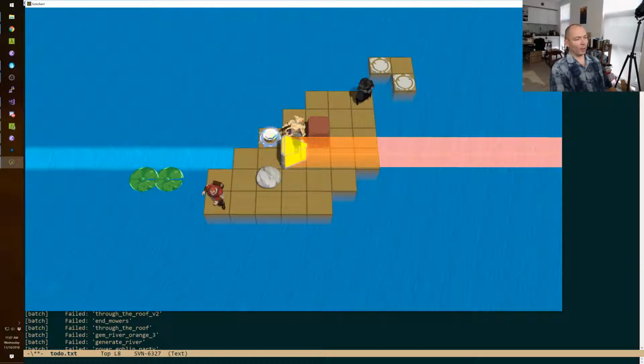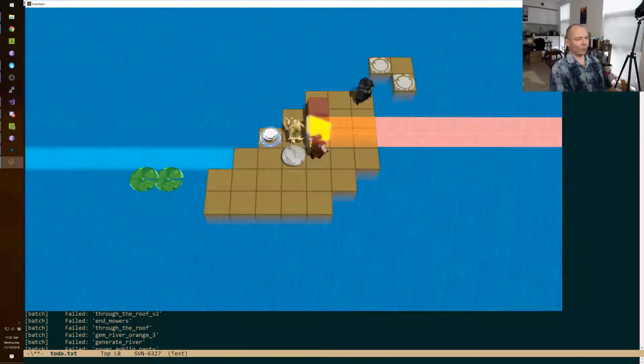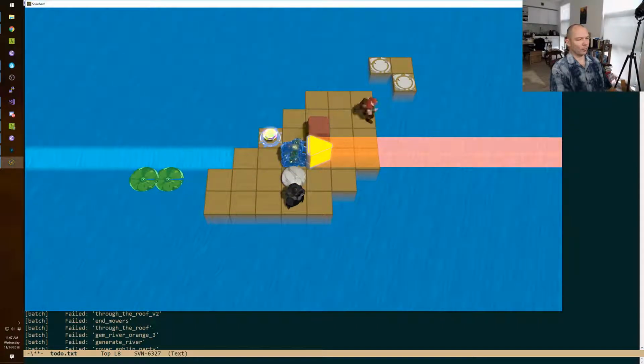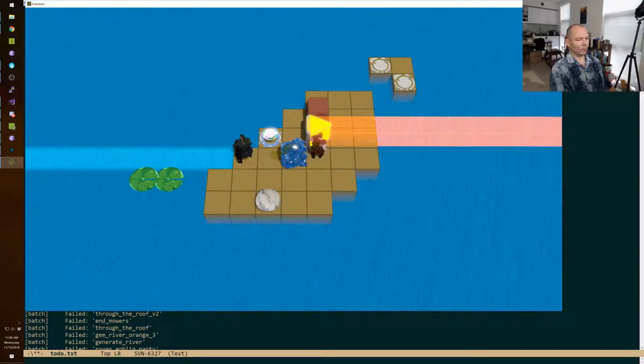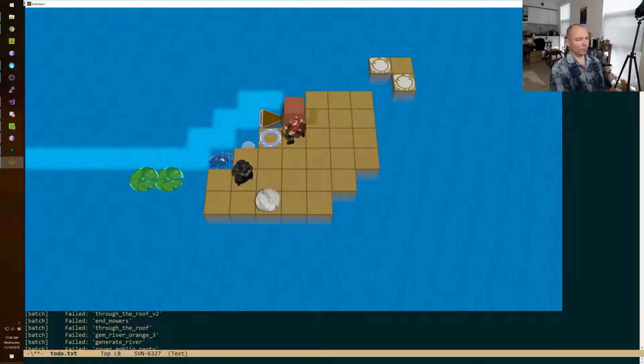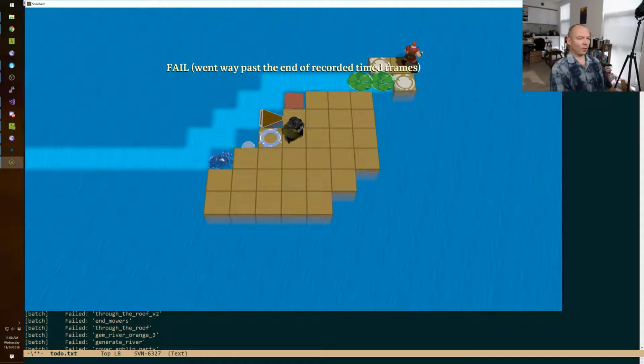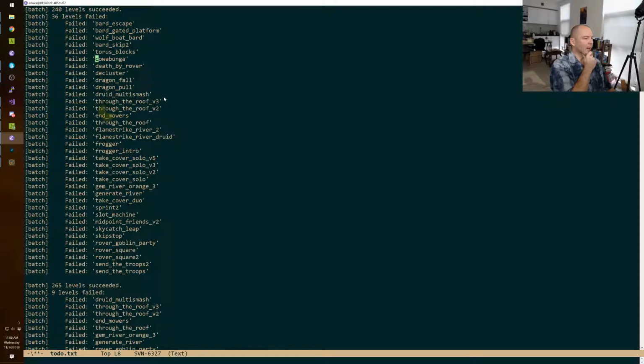This one has a dragon on it. Oh no, it has a goblin on it, but maybe it's the same problem. Nope, that's a timing thing with the guy not being able to get on the lily pad. Interesting. We're going to have to look at that.